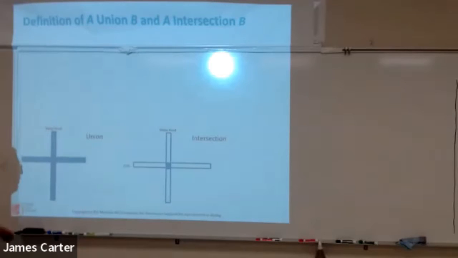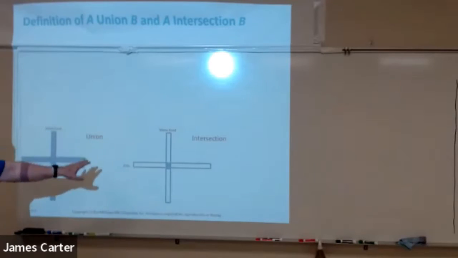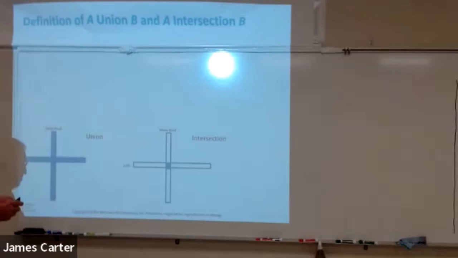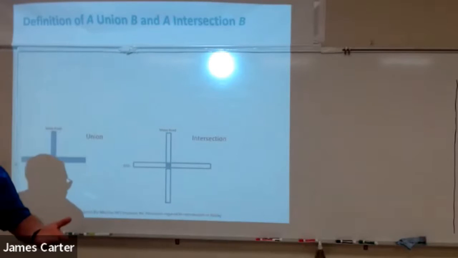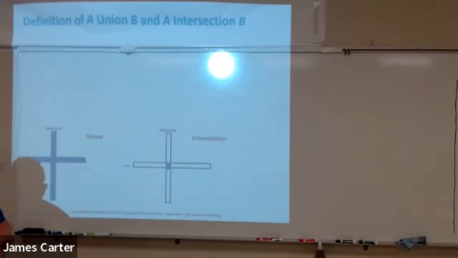Now, in very loose terms, an intersection means only that part of the road that they share in common. That is the intersection, just like real life. It's only the parts shared in common.